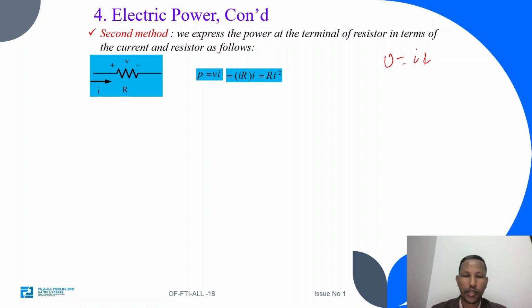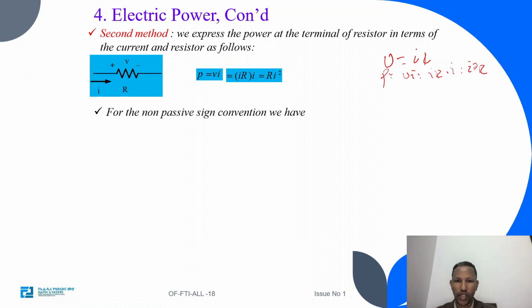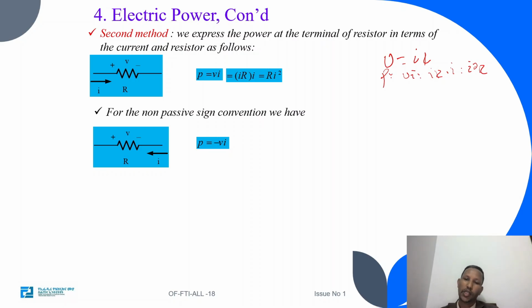So you can substitute: P equals VI, which equals I times R times I, which is I squared R. For the non-passive sign convention, we need to introduce a negative sign as usual. If the current is entering the negative terminal and leaving the positive terminal, power will be negative. That means the power is supplied from a certain circuit element, so it can be the source. The voltage is given by negative IR, so the power will be R times I squared.